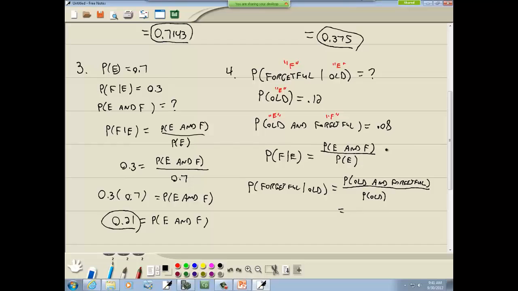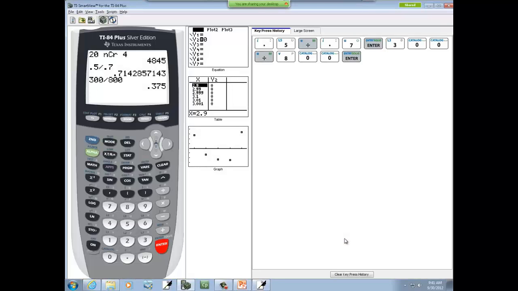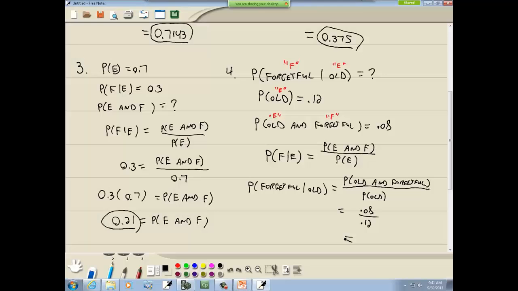Well, they give us old and forgetful, 0.08. And they give us old, which was 0.12. So 0.08 divided by 0.12. You get 0.66, 3 sixes and a 7.